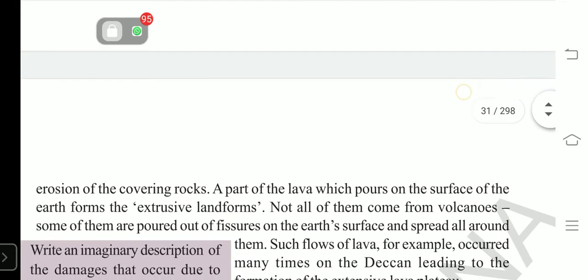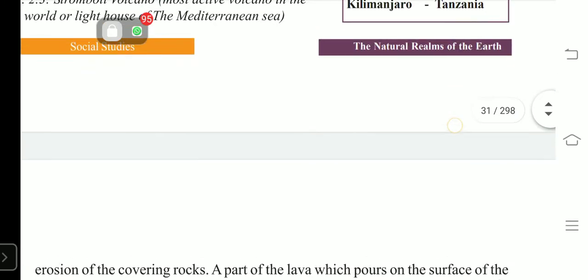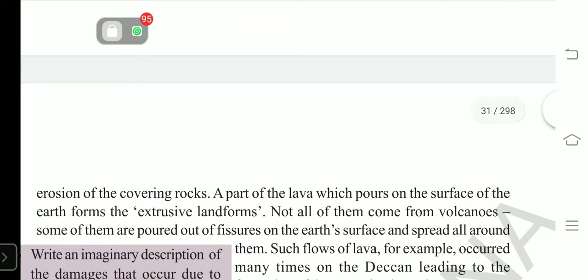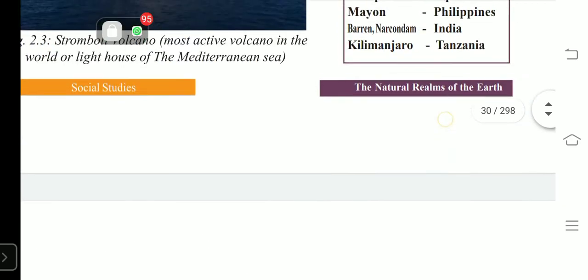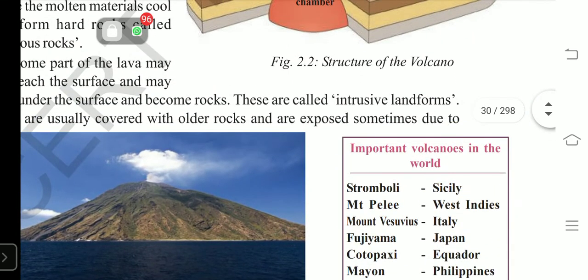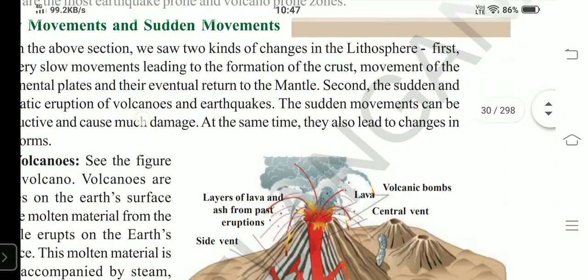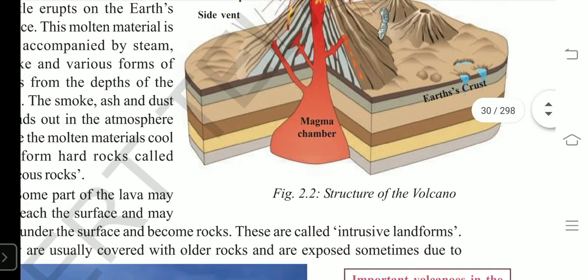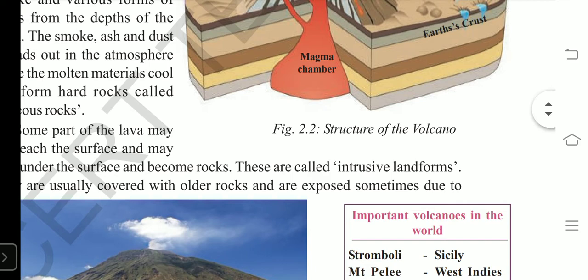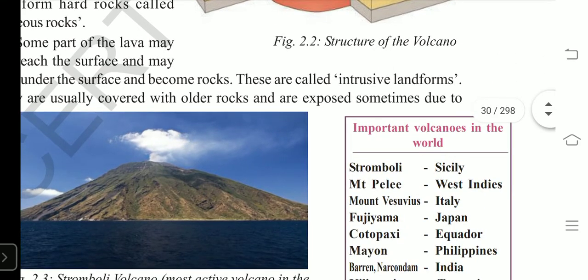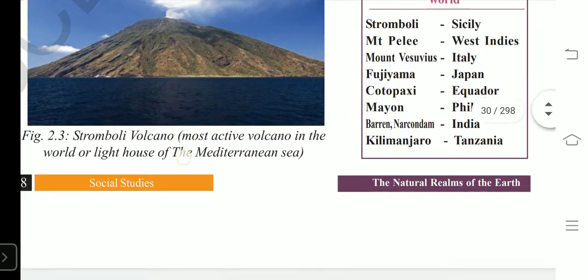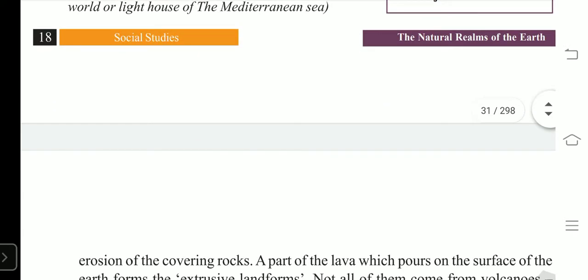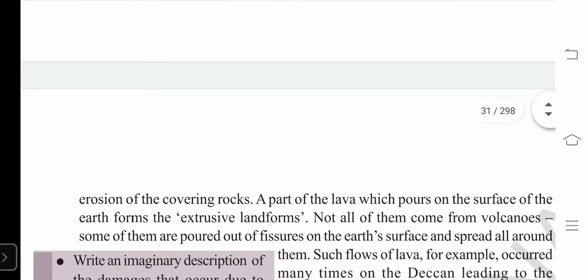Okay, and we see that was a part of lava which reaches the Earth's surface. Coming to the point, intrusive landforms have formed that we have seen, right? So sometimes some lava may reach the Earth's surface very slowly. After reaching the Earth's surface, it flows parallel to the Earth's surface.